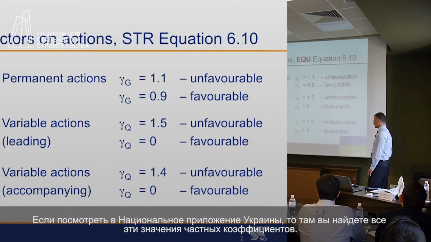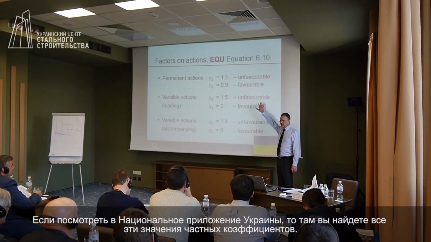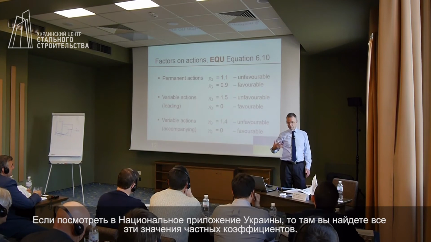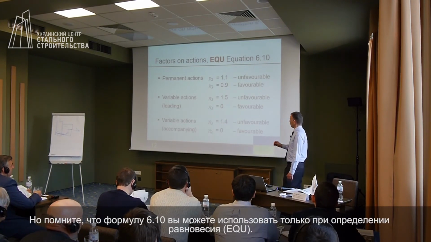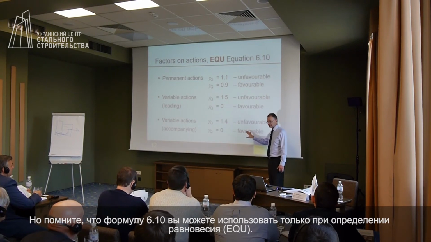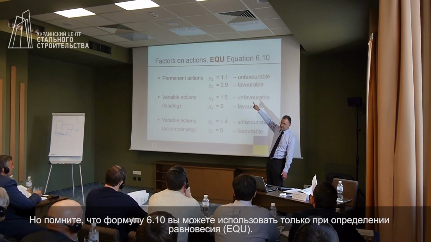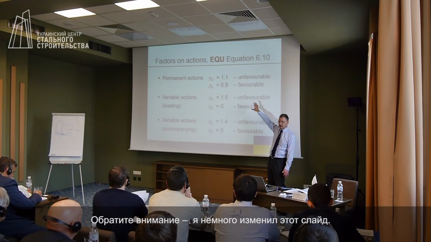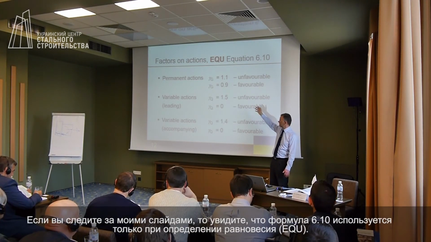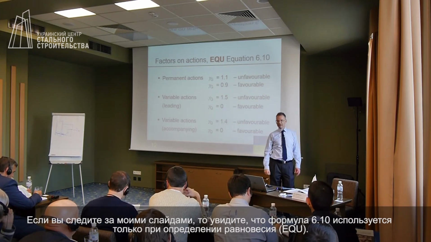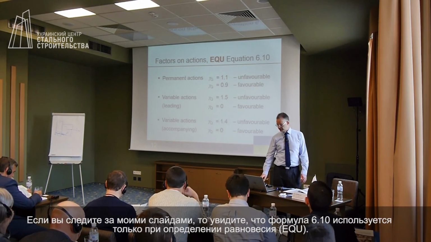So out of the UK National Annex then, these are the values of the partial factors, but remember, you can only use 610 for equilibrium. So again on this slide, I've made a change, look. So if you're following with the slides, notice that 610 is only appropriate for equilibrium.